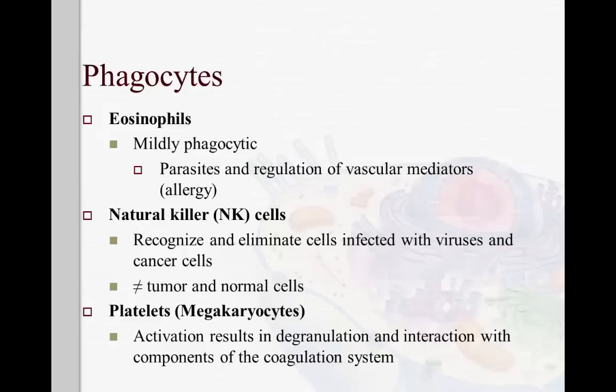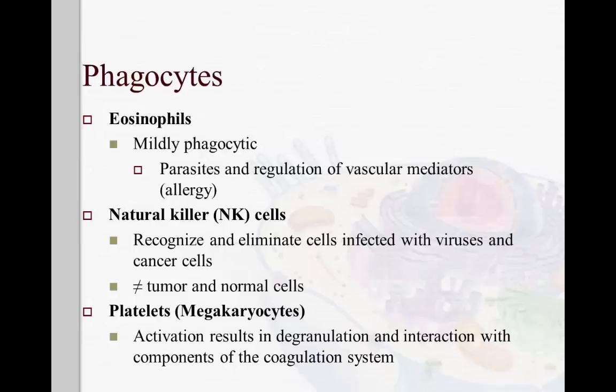Eosinophils. Eosinophils are white blood cells that kill bacteria, but more importantly are mobilized by parasites and allergic reactions. So when you see eosinophils, these are mainly activated by parasites and allergic reactions.